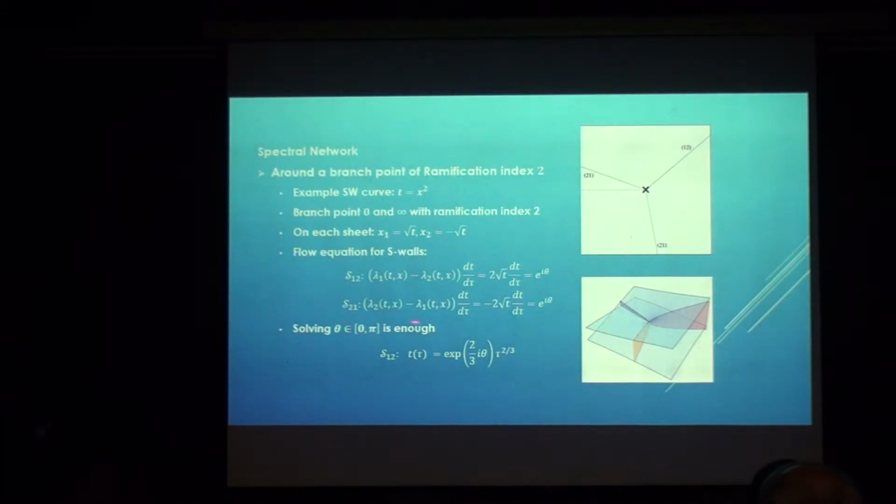If we solve it, we actually get three solutions, because here the solution is t equals exponential 2i theta over 3.